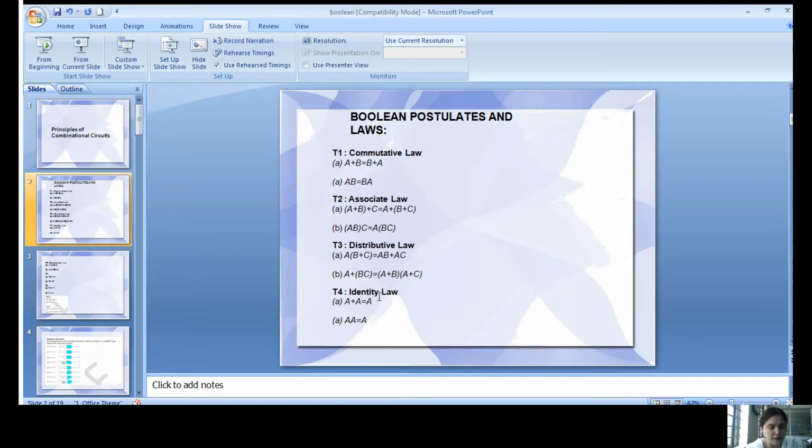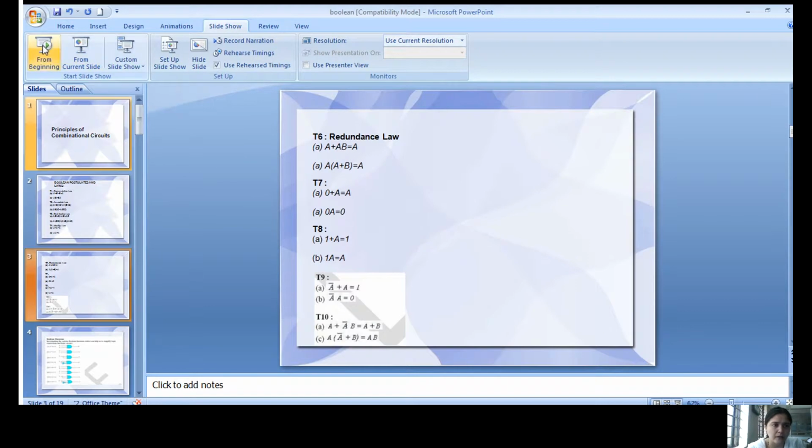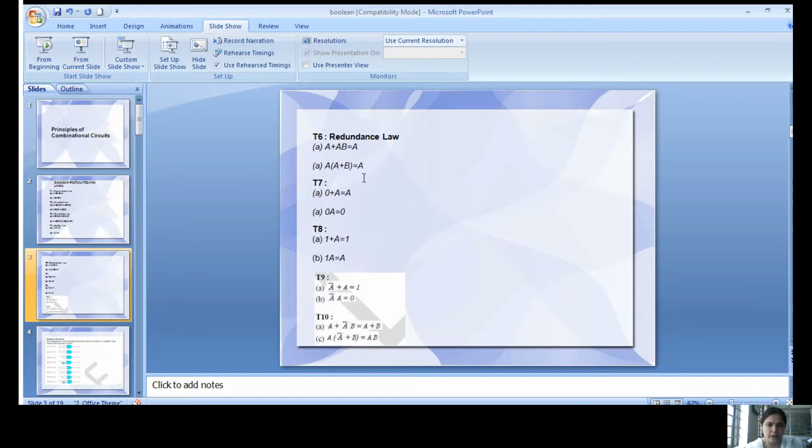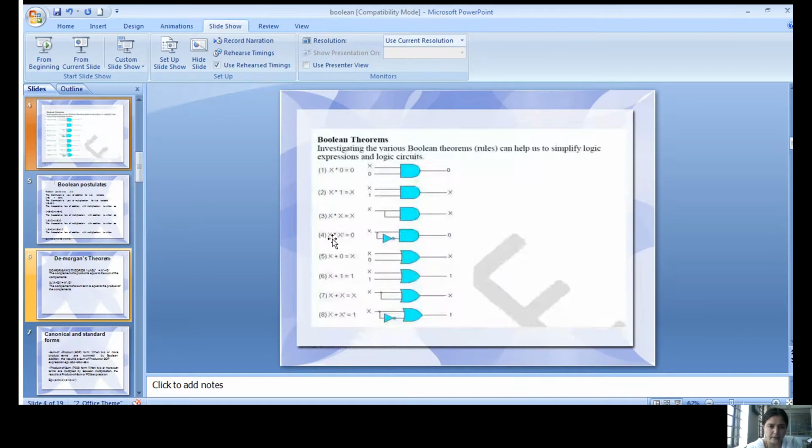Whereas identity law, we are adding it with the same variable. A plus A is equal to A, A into A is also equal to A. Next, redundance law, it is A plus AB is equal to A, and A into A plus B is equal to A. Next is 0 plus A is equal to A, 0 into A is equal to 0, and 1 plus A is equal to 1, 1 into A is equal to A. These laws you should be knowing to study this subject.